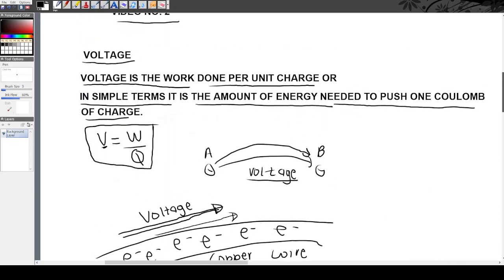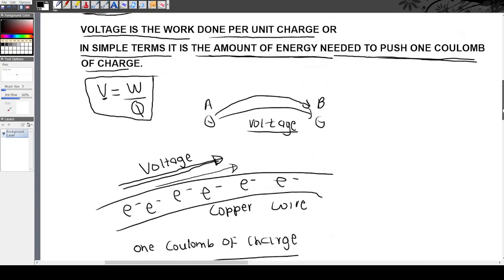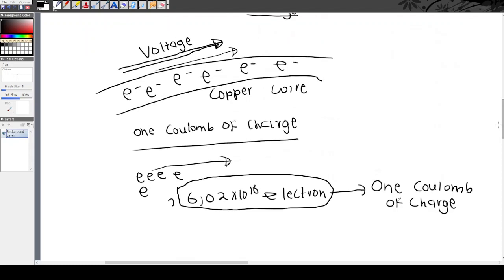So let us go back to our definition. Voltage, in simple terms, is the amount of energy that is needed to push 1 coulomb of charge. In other words, it is the amount of energy to push a group of electrons. Wow, it's that simple. The energy or force you need to push some group of electrons is called voltage.